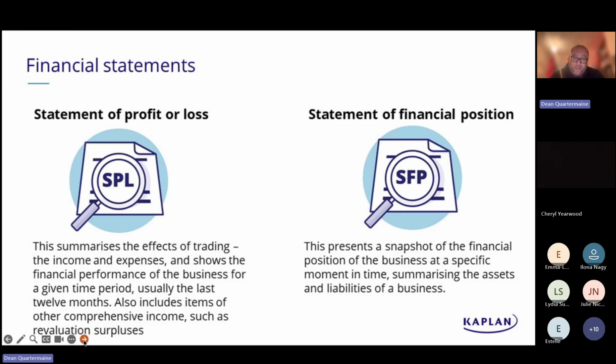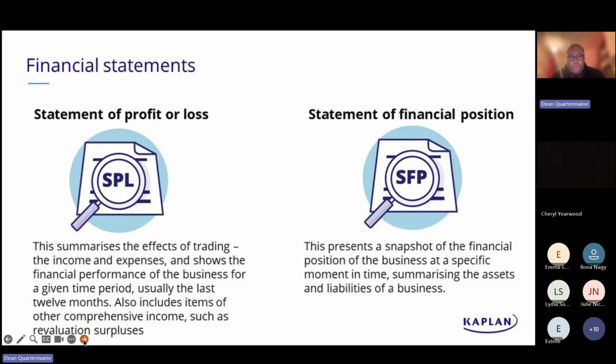But it doesn't need to be the last 12 months, does it? You could produce a statement of profit or loss for a quarter, for a 6-month period, for a month. But typically, certainly from a statutory point of view, it's going to be a 12-month period.